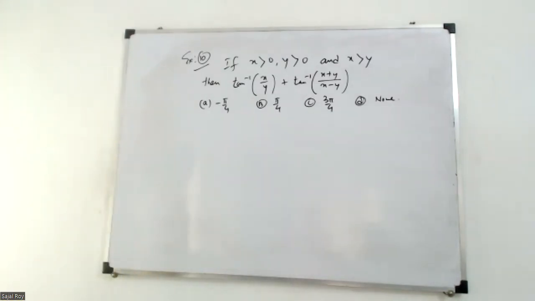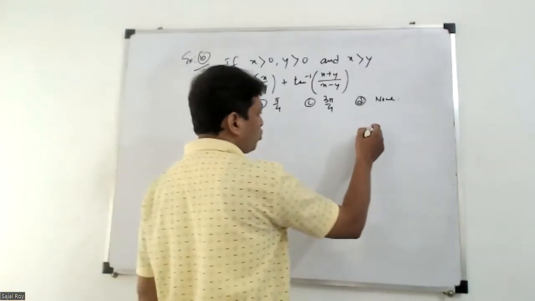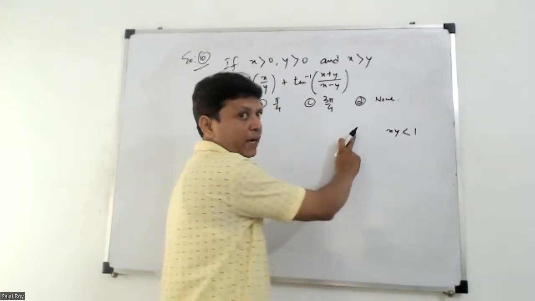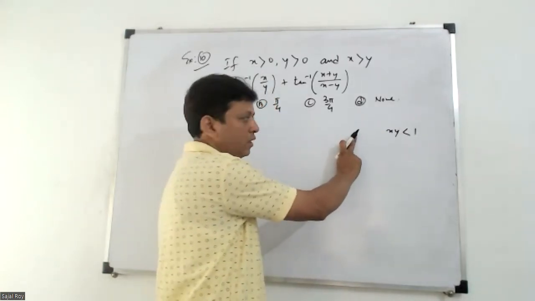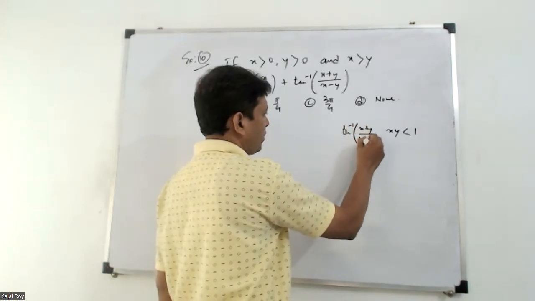First of all, you check under what conditions. Actually, you see tan inverse, you have two conditions. If xy less than 1, you can apply the direct formula for tan inverse x plus tan inverse y, which is tan inverse of x plus y by 1 minus xy.